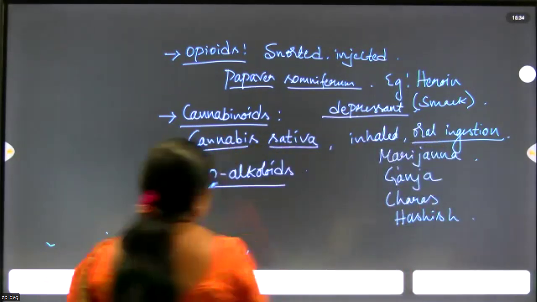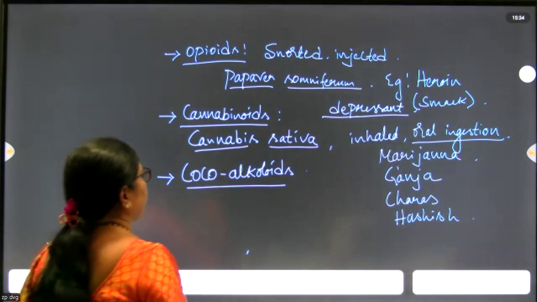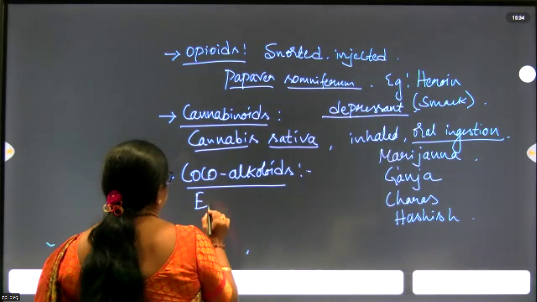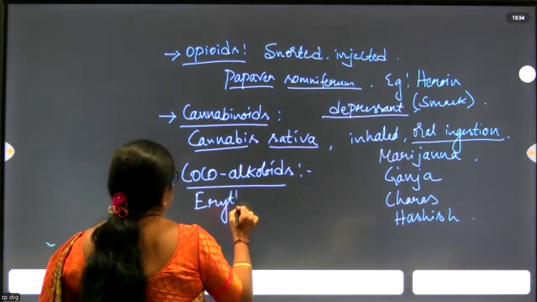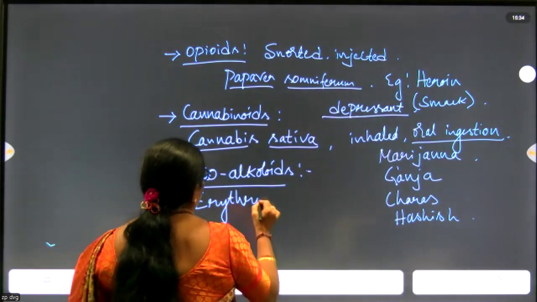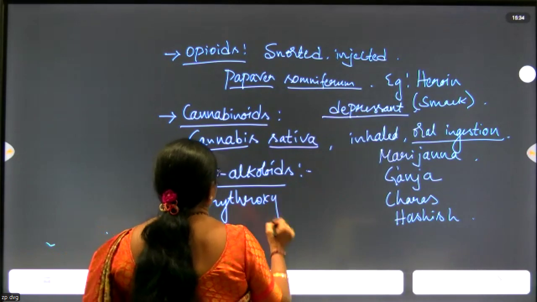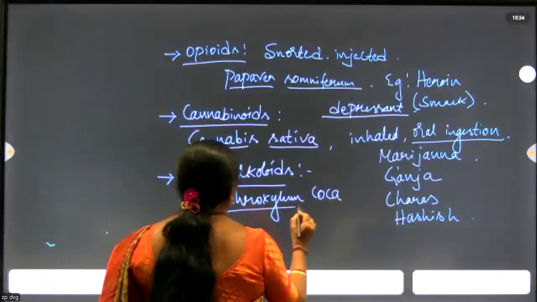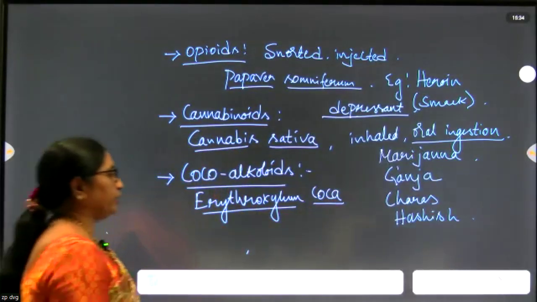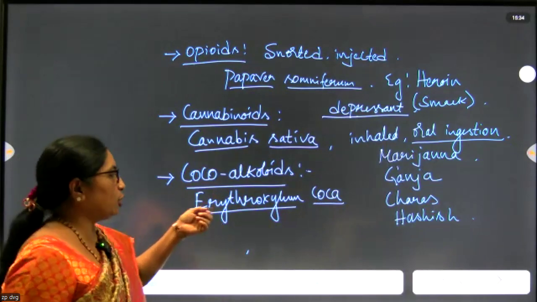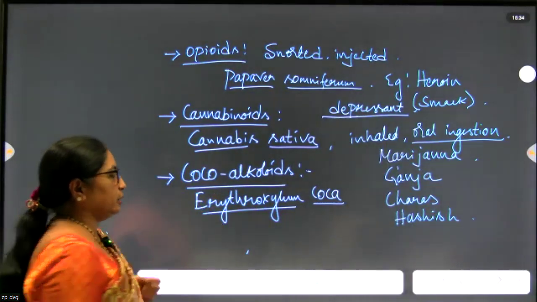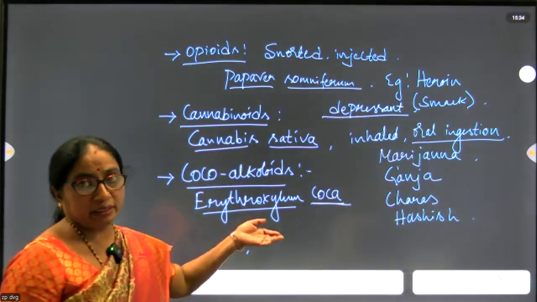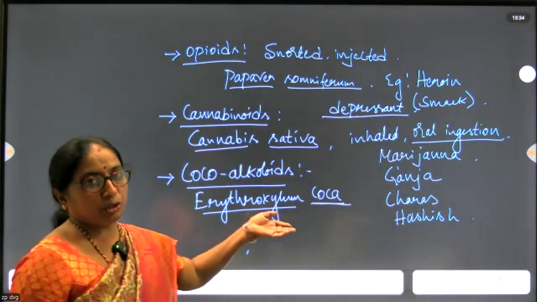Cocoa alkaloids. You might be aware of cocoa chocolates. Erythroxylum coca is the source plant. It is a native of South America, and this coca is the source of all your cocoa chocolates, like the 5 Star or the Dairy Milk chocolates.